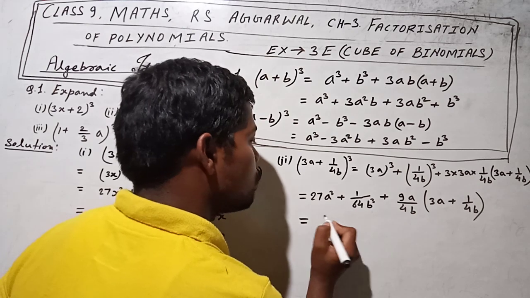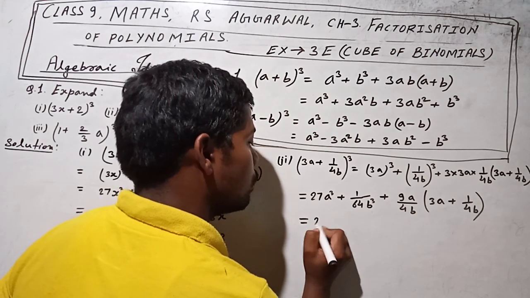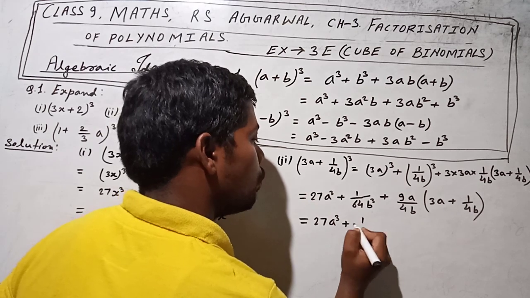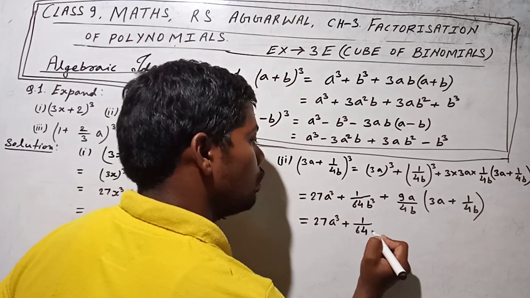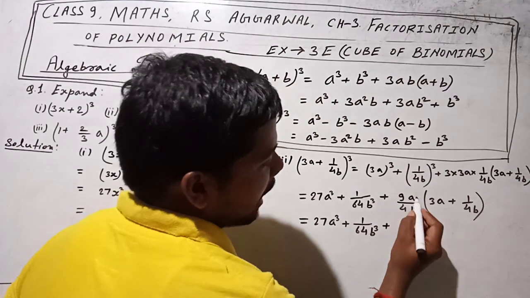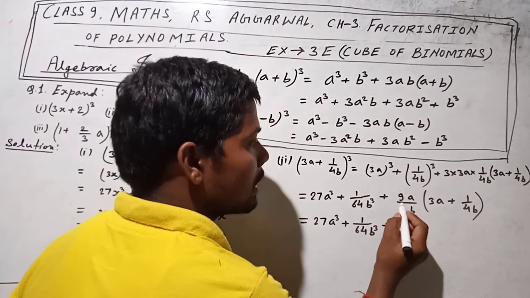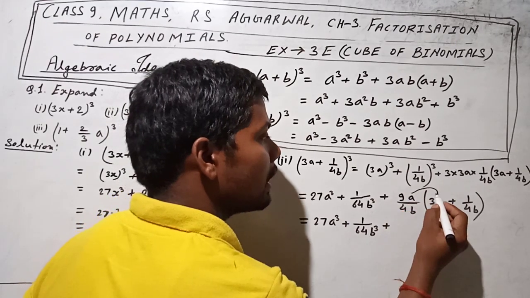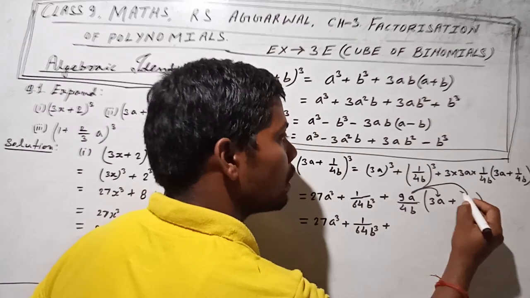Now these two terms remain as it is: 27a cubed plus 1 by 64b cubed plus, now this monomial will be multiplied by each term of this binomial.